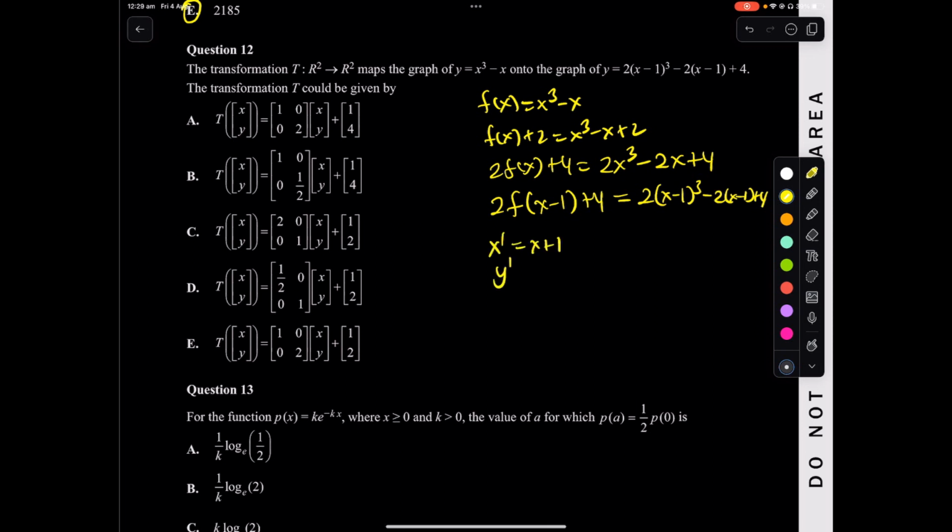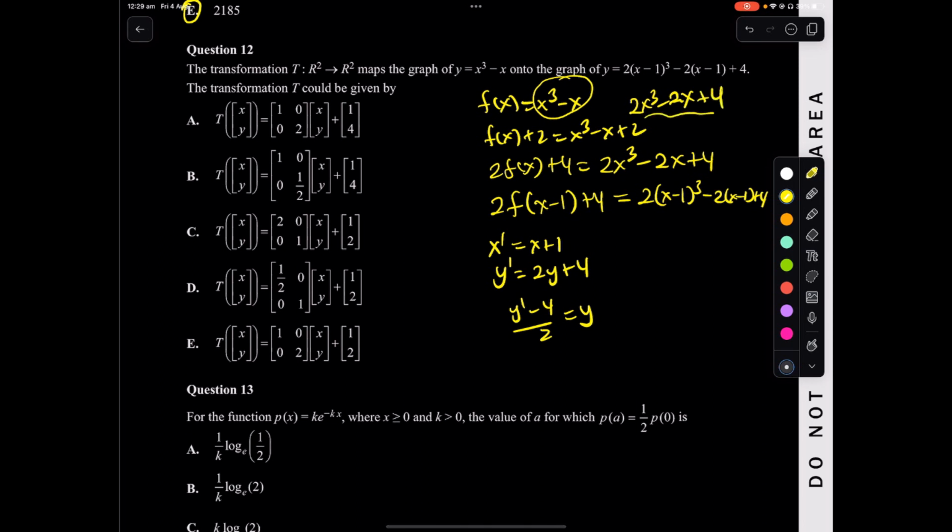Y dash is equal to 2y plus 4. And that y dash can change to y. So if we subbed it in, we've multiplied everything by 2. So if everything gets multiplied by 2 in this, it'll be 2x cubed minus 2x. And then what's happened is they plussed 4.